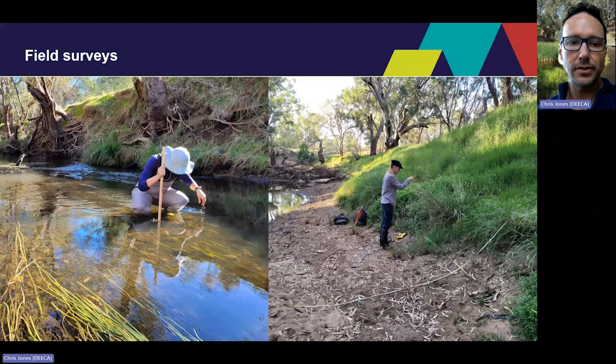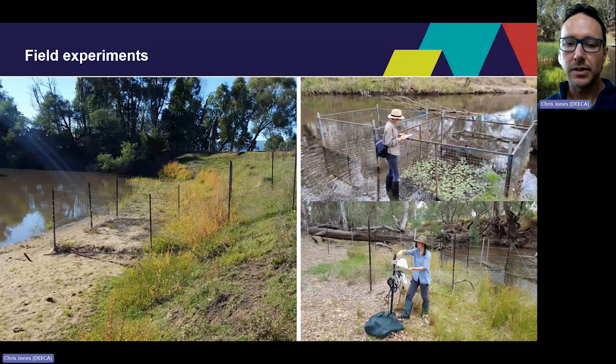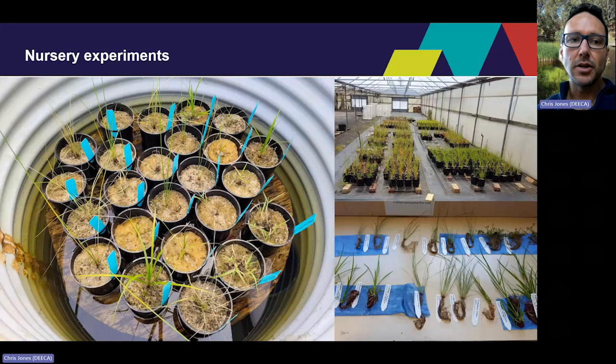This included field surveys across the state and a lot of waterways. It included field experiments, so putting up structures, such as grazing exclosures and carp exclosures, and doing soil moisture surveys, things out in the field to collect data through manipulations of the environment. We also did ex situ nursery experiments.